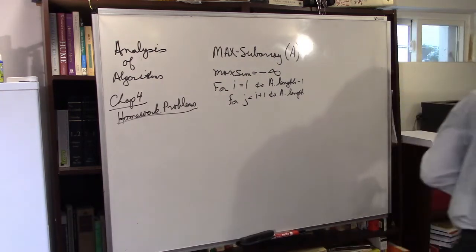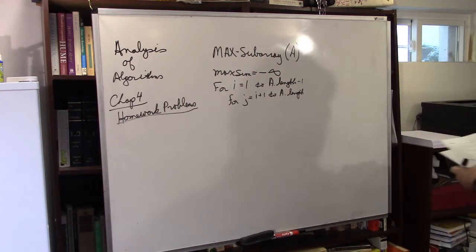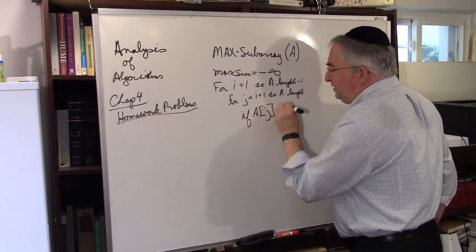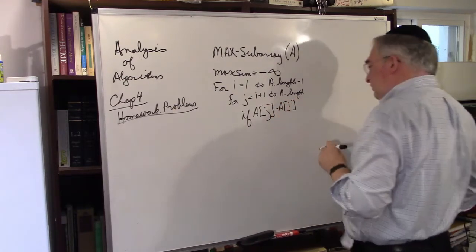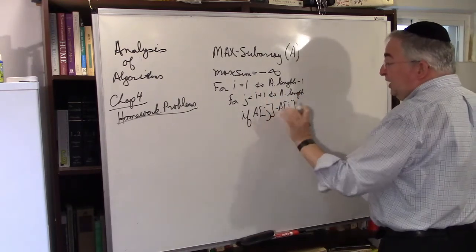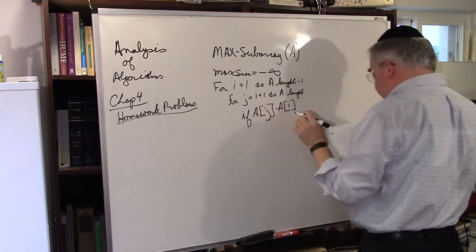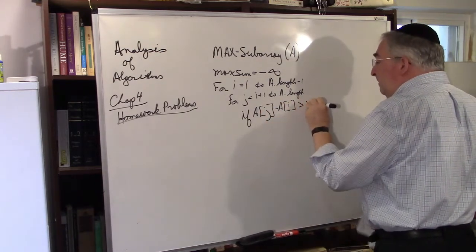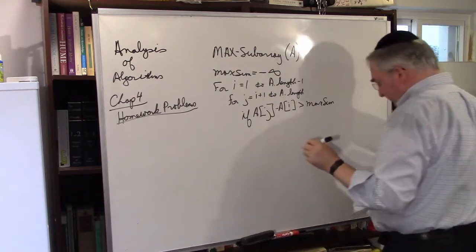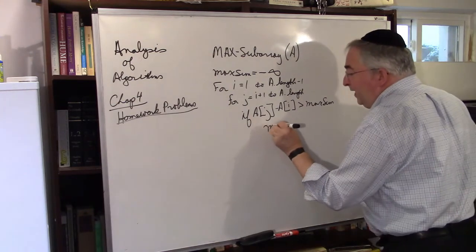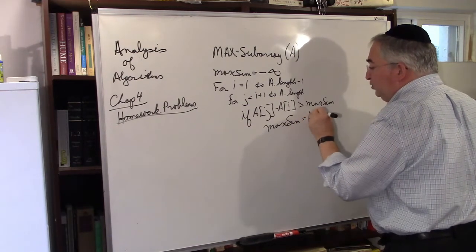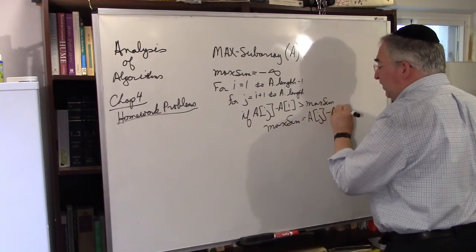Then you compare: if A of J minus A of I, the spread, the difference between when you're selling and when you're buying, is greater than max sum, then max sum is equal to A of J minus A of I.